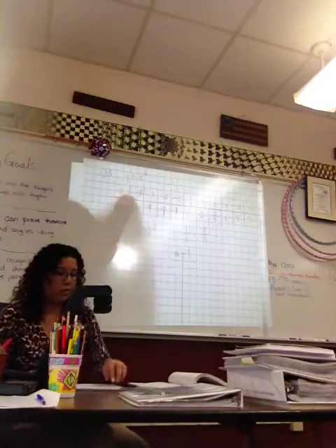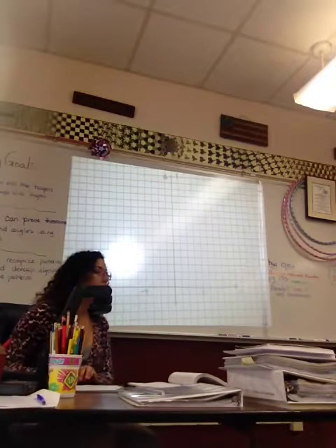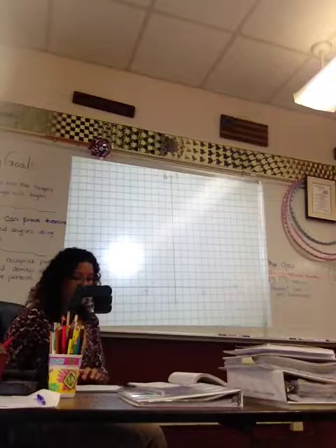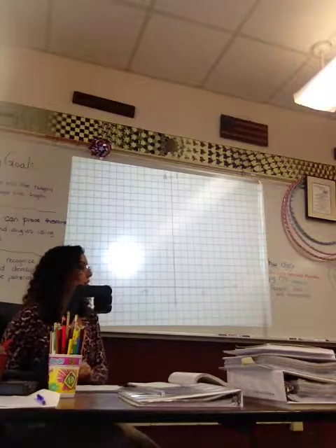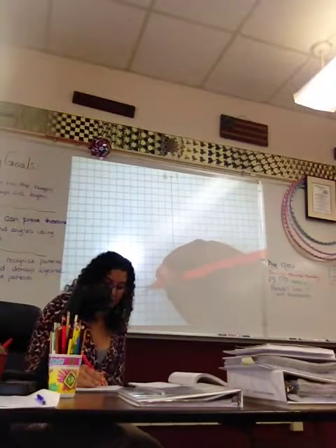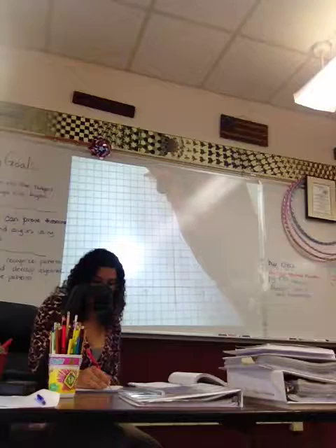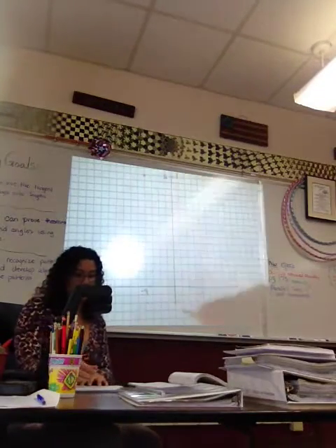So our first point was -4, 16. And so to graph that, Jacob, where's that point going to be? Right. And this top line is 16. Good.